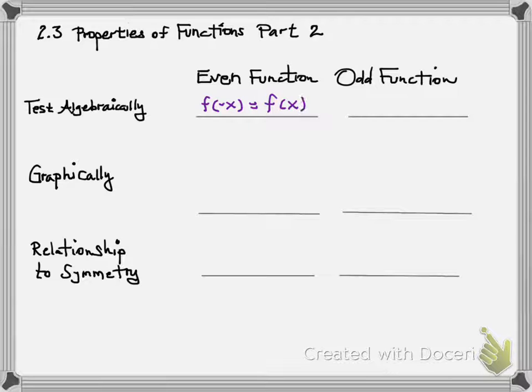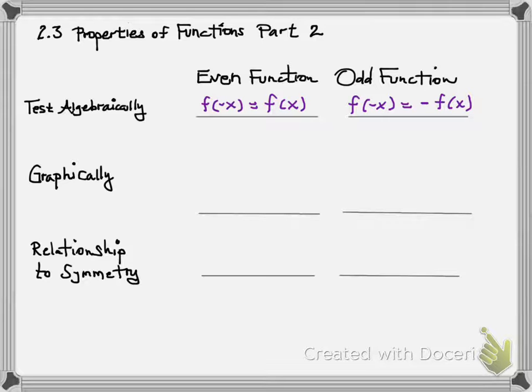That is considered an even function. Now, if you do the same thing, if you put in a negative x into the function, but it negates the original function, so if f of negative x equals the opposite of the original function, negative f of x, then you've got what they call an odd function.